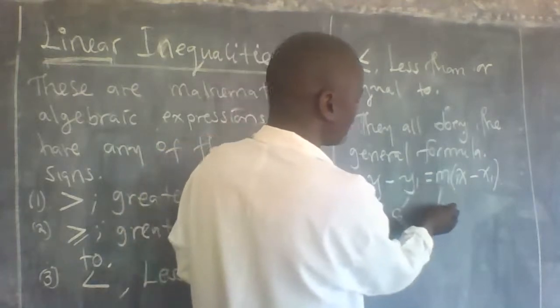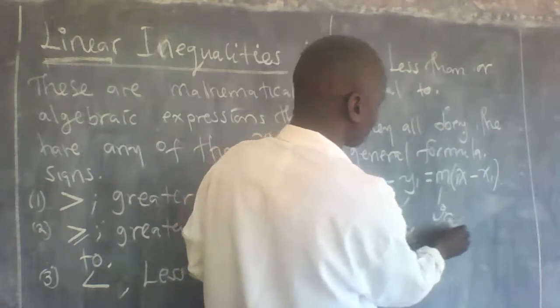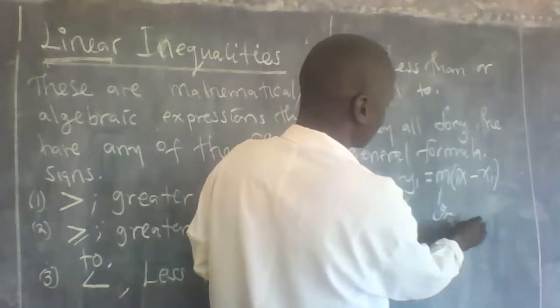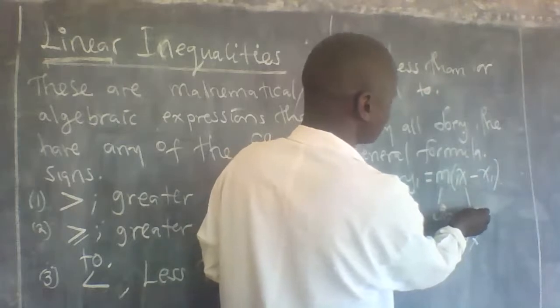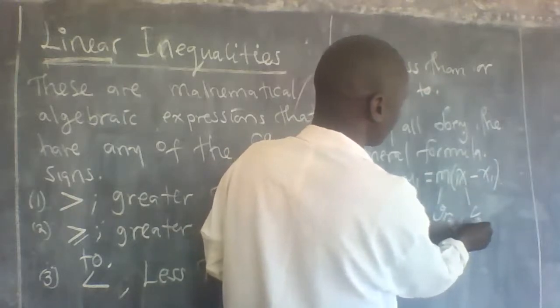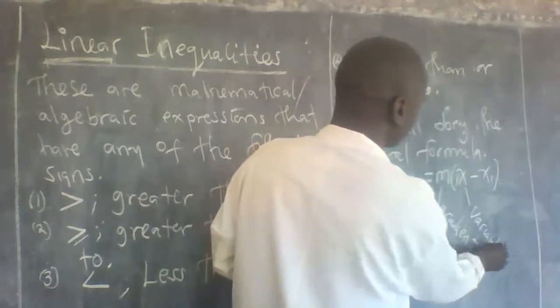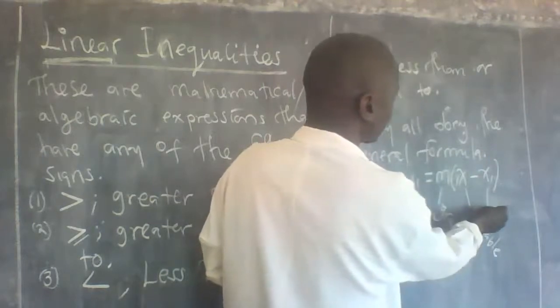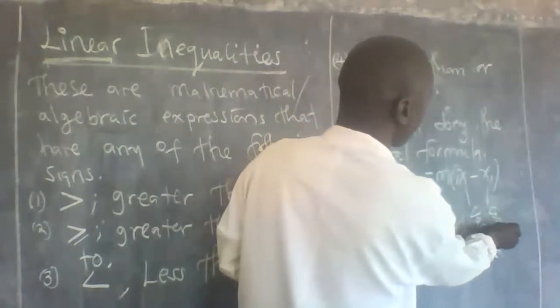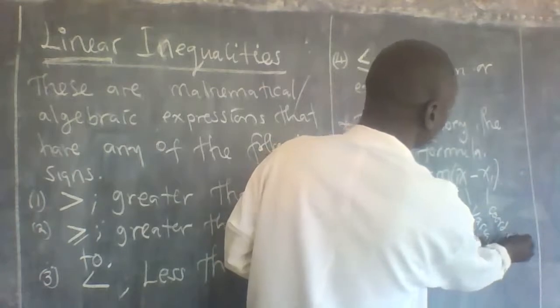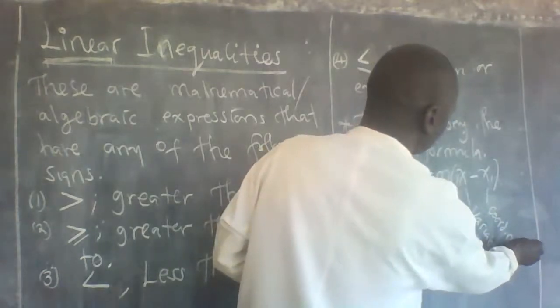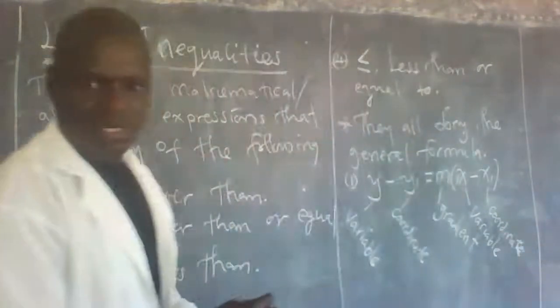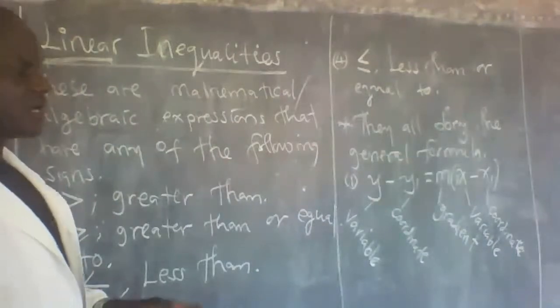This one here is the gradient. This x here is the x variable. Then the x1 is the x coordinate. So these are the most important aspects that are there.